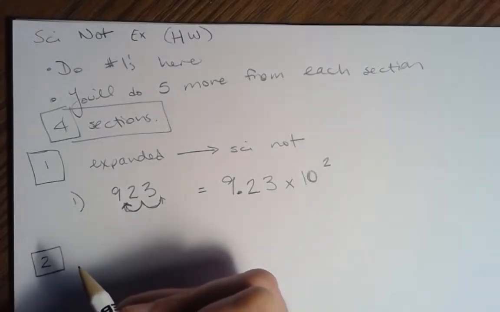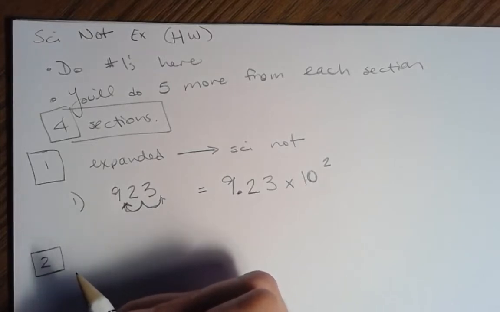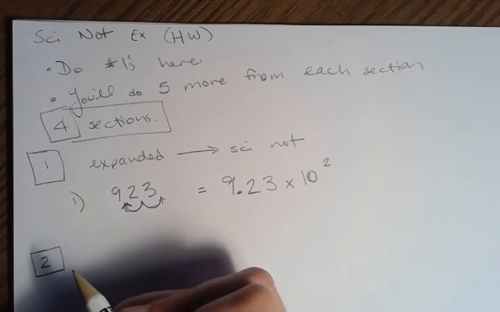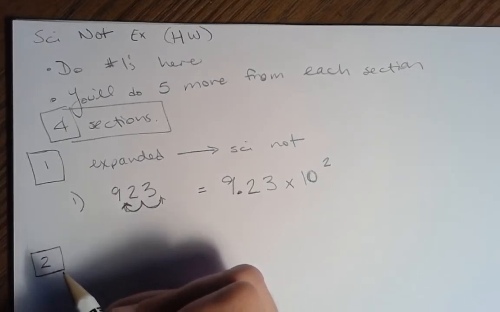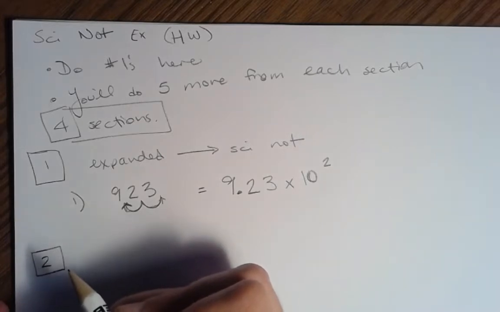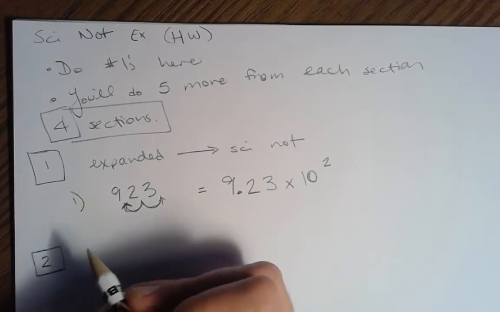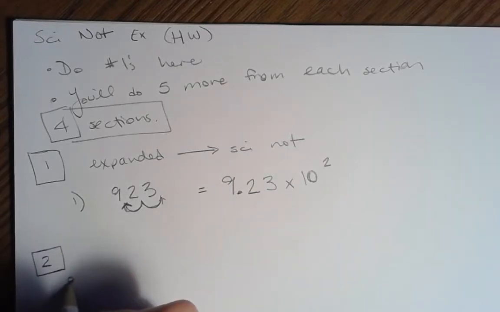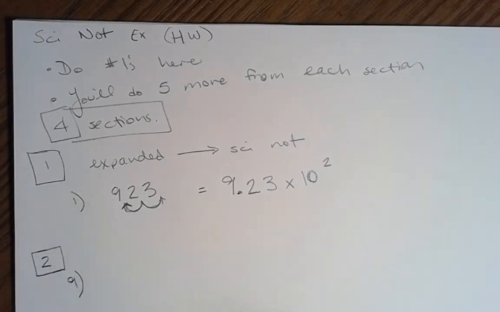Section 2 is on that same page, and it says, convert the following numbers into standard notation. Standard notation is expanded form, they're both the same thing. So convert the scientific notation into standard or expanded form. The first one of this section is number 9.